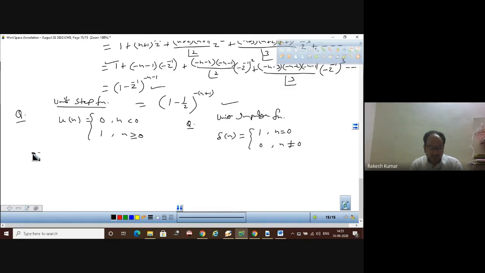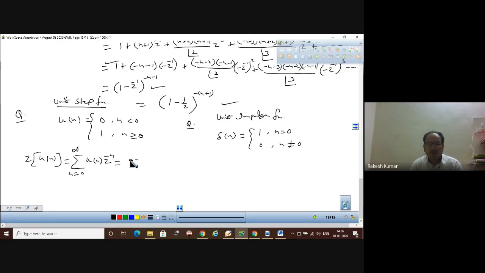So let us do the Z transformation of u(n), that is the unit step function. By definition, that is the sum from n equals 0 to infinity of u(n) Z raised to power minus n. This is the formula.